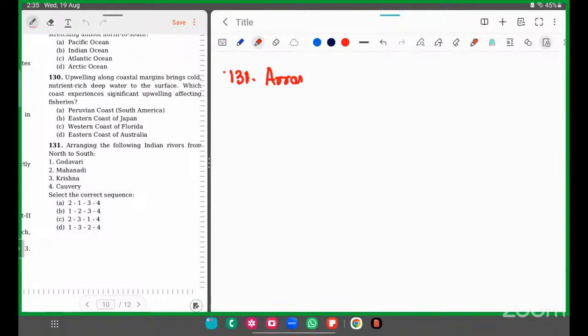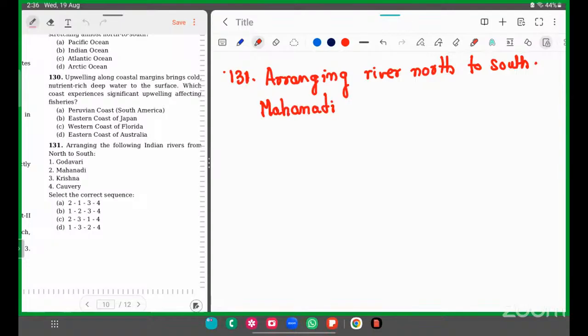Arranging rivers north to south. First comes Mahanadi. It originates in Chhattisgarh.